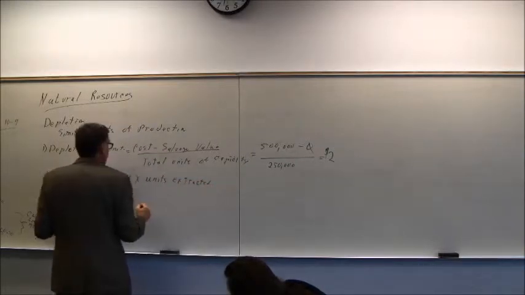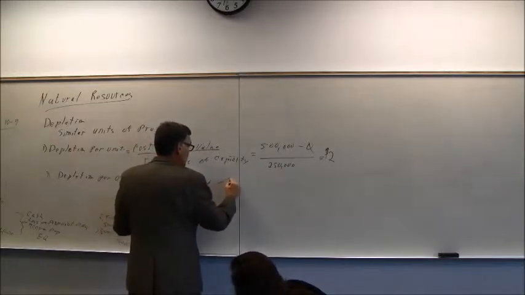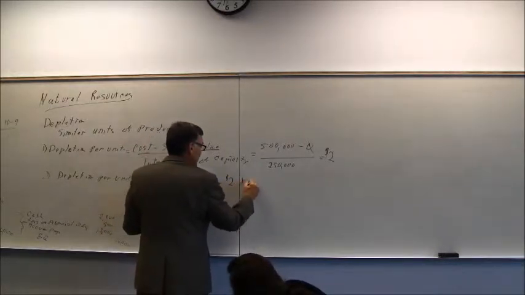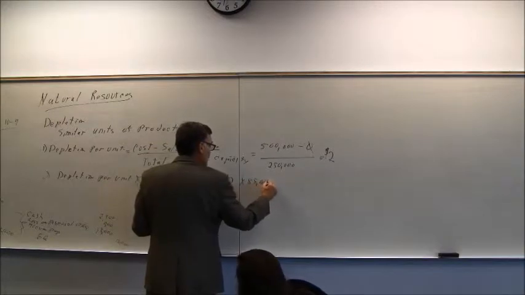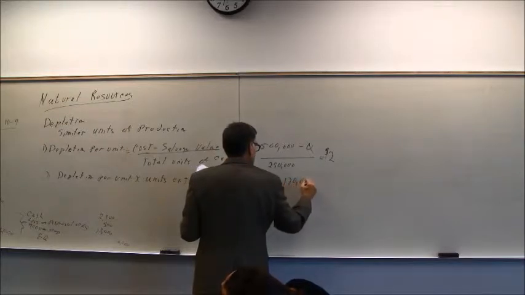In this case, it's $2 per ton, 85,000 tons extracted. So the depletion in this case was $170,000.